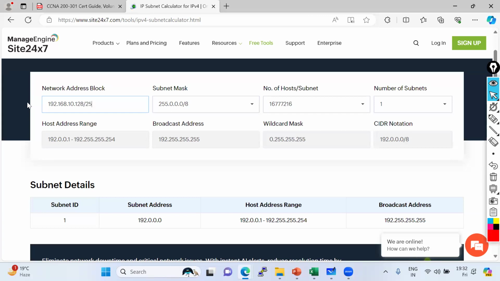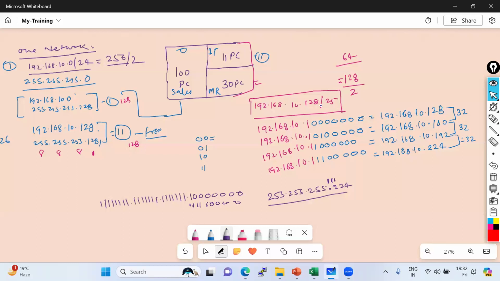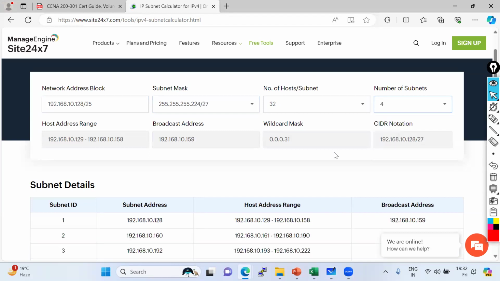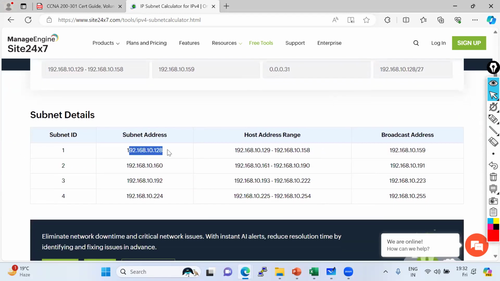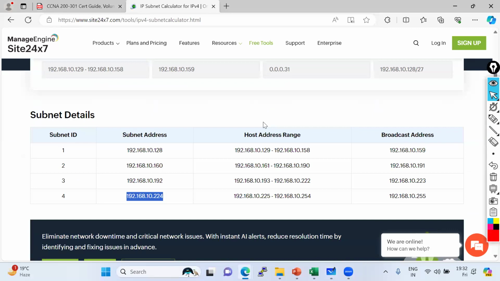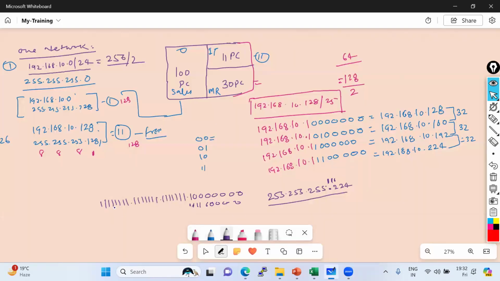This is the subnet, and you want to split it into how many subnets? 4, right? See, 128, 160, 192, 224. This is the correct answer, and the correct subnet mask you can see: /27.